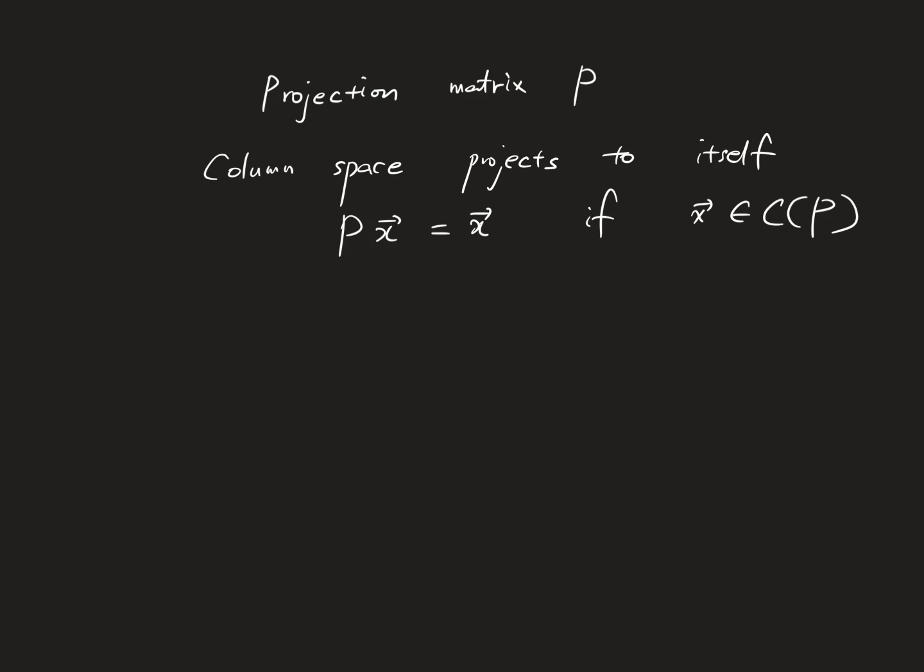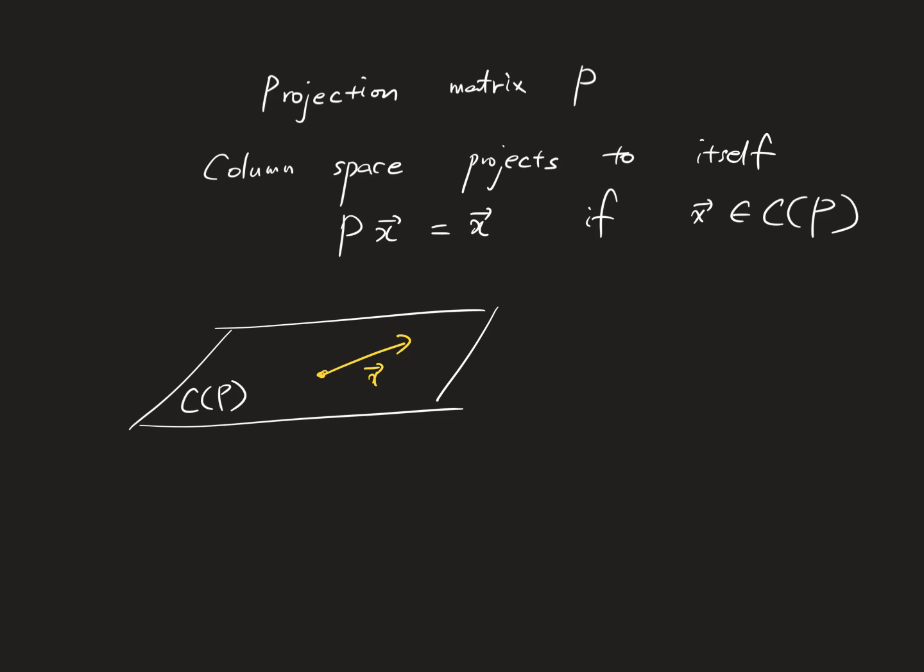So Px will be x if x is in the column space of P. I mean, for example, if we draw a plane, and this is the column space of P, and if the vector stays in the column space of P, even with projection, it will stay the same. So it's already in there, and projection does not change anything. So that's why we have this one.